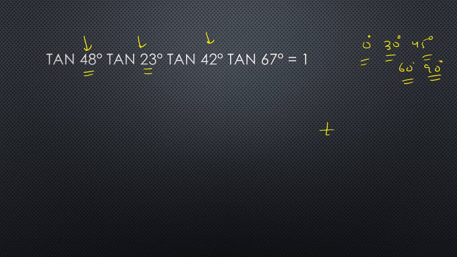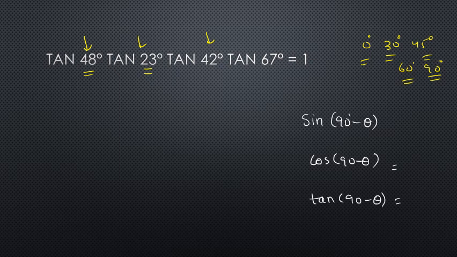Remember, there are some formulas. Just bear with me. You have sin(90 minus theta), cos(90 minus theta), and tan(90 minus theta). I told you that the reciprocal of sine is what?